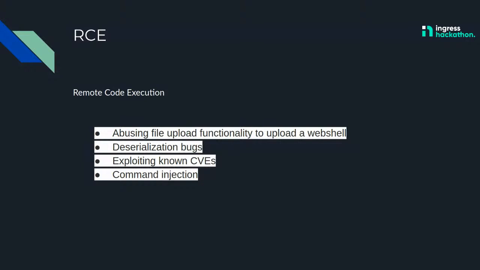For example, CVE-2020-1997 means 2020 is the year the vulnerability was found, and 1997 is the code for the vulnerability. I have found more than 20 RCEs by exploiting some of the known CVEs. Command injection is another type of remote code execution vulnerability, in which you could inject Linux or Windows commands to the web server and take over the whole system.